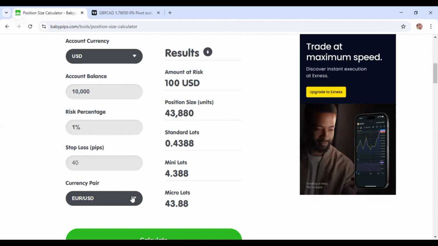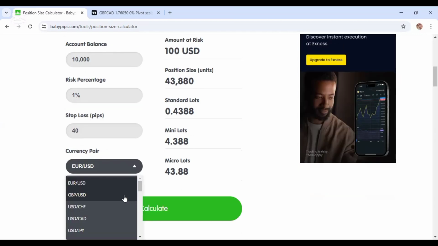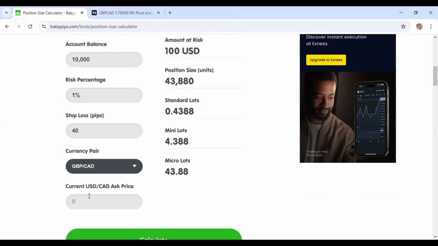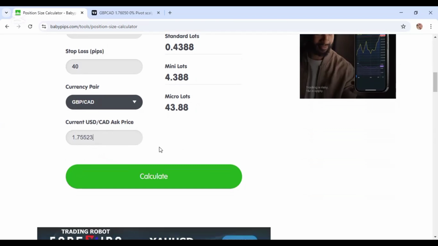The pair we are trading is GBP/CAD, and the current CAD ask price is the entry price of the trade we're taking.